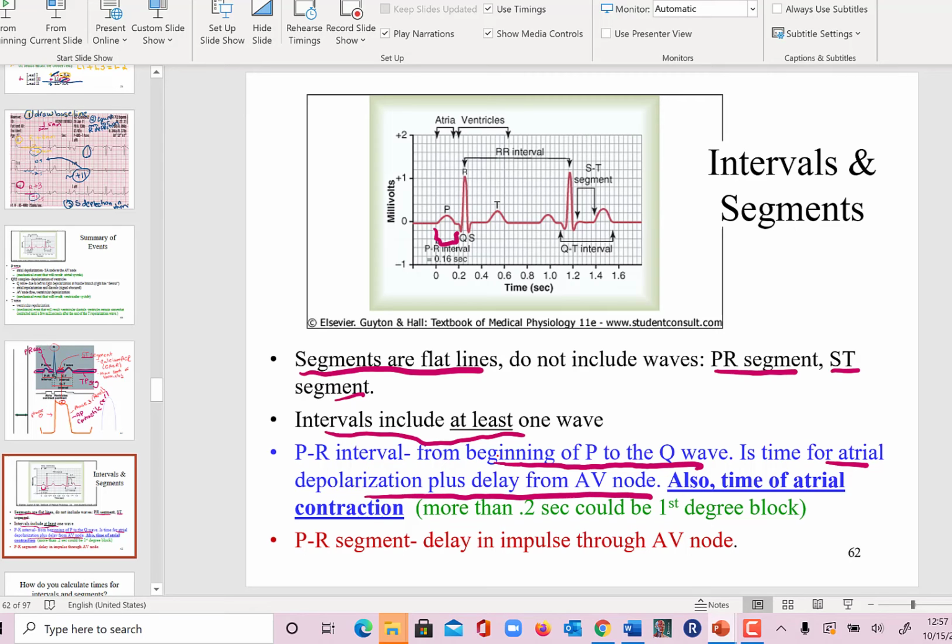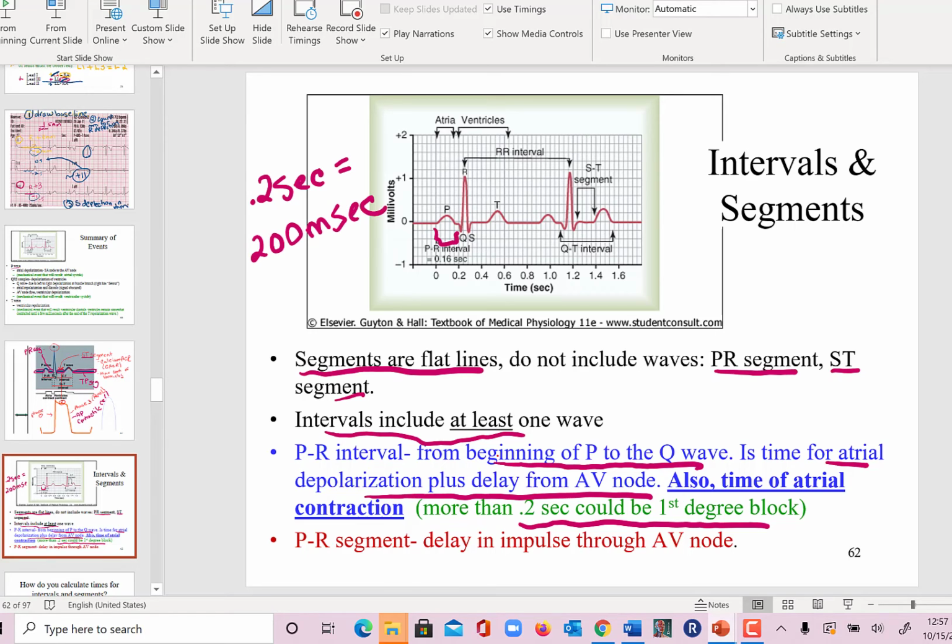During this time, the atria would contract as a result of the P wave. You do need to know this normal time. Anything more than 0.2 seconds. 0.2 seconds is the same as 200 milliseconds.